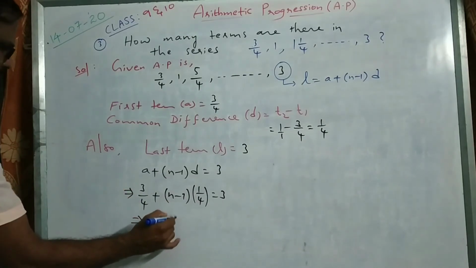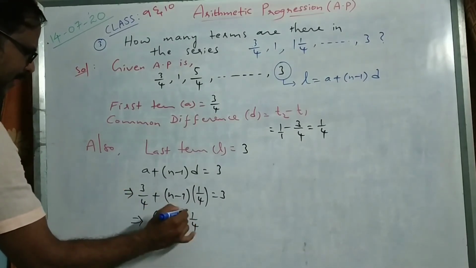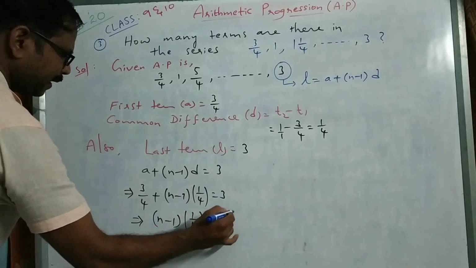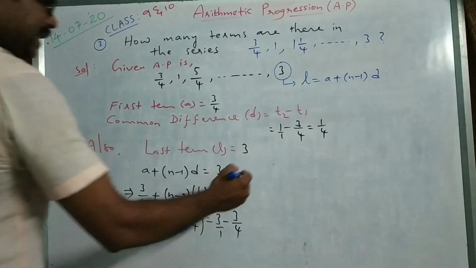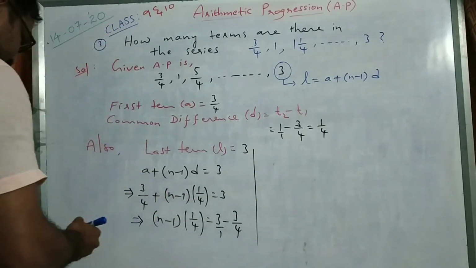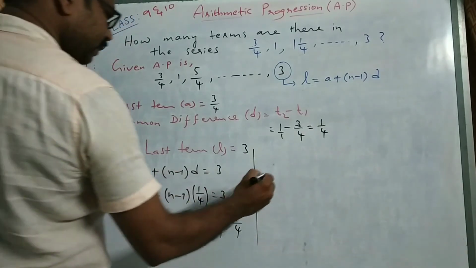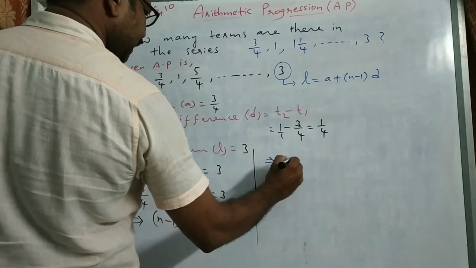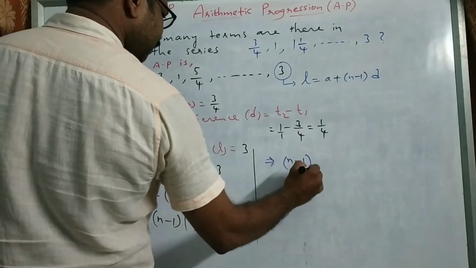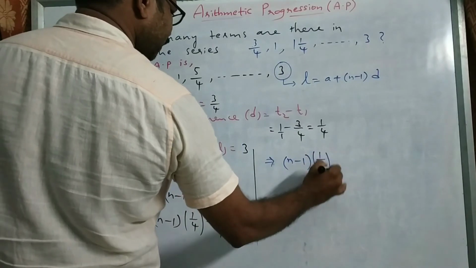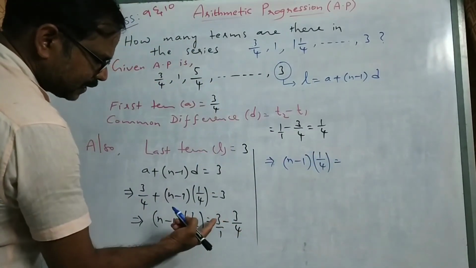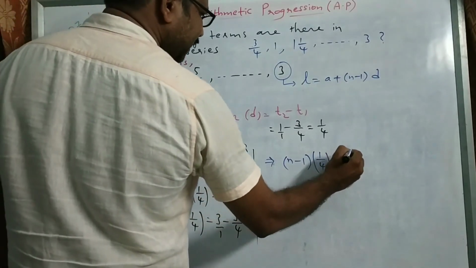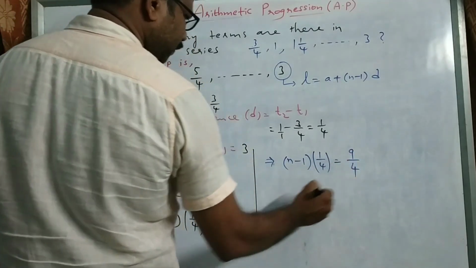So n minus 1 into 1 by 4 equals 3 minus 3 by 4. Now take the LCM: 4 3s are 12 minus 3, 12 minus 3 is 9 upon 4.